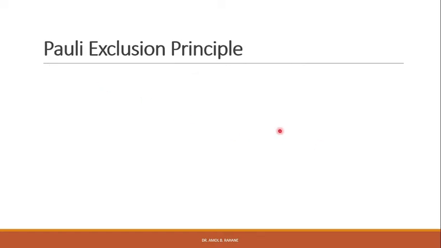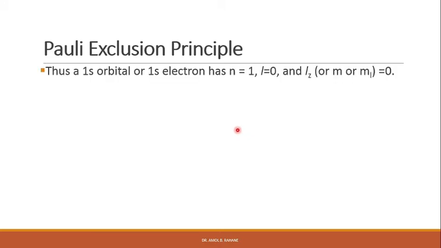An example may make this clear. We may characterize both an orbital and an electron occupying it by specifying the n, l and m quantum numbers. Thus, a 1s orbital or 1s electron has n equal to 1, l equal to 0 and Lz or ml equal to 0.